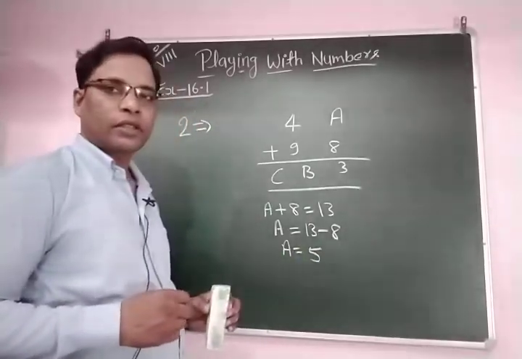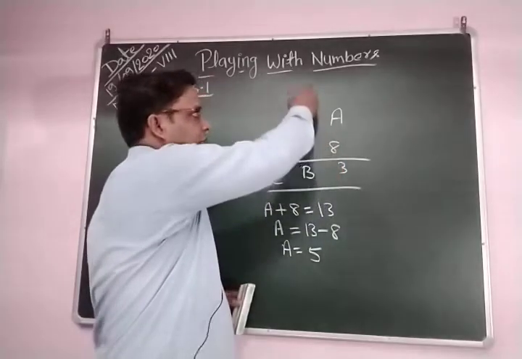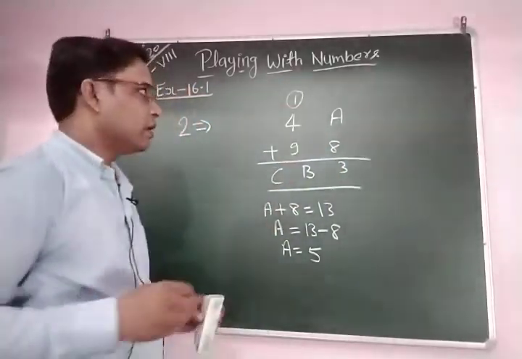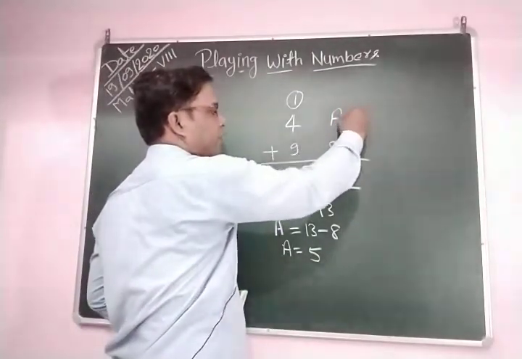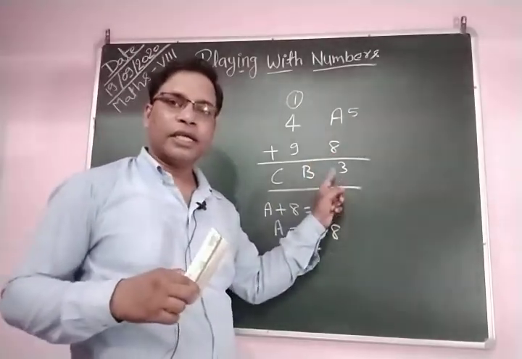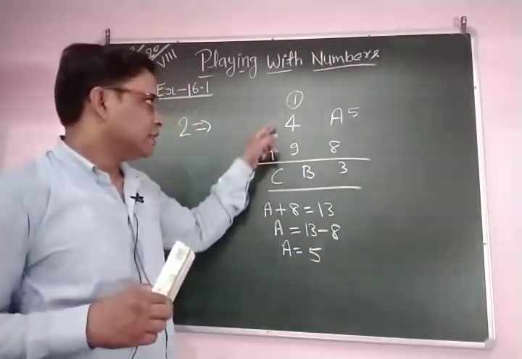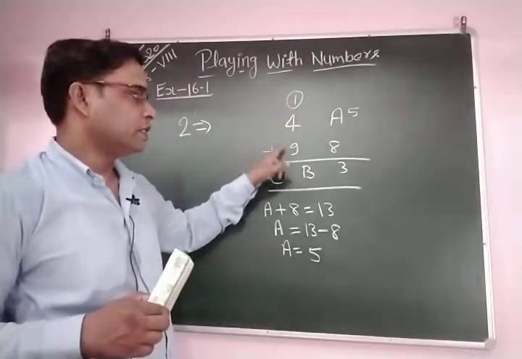Clear? Okay, now if here it is 13, it means that it gives 1 carry here. So here you find A is equal to 5. What is A? A is 5. So 5 plus 8, this is 13. 13, we write here 3 and carry 1 here. Okay, now this is 9, this is 4, plus 4 plus 1 plus 4 plus 9.